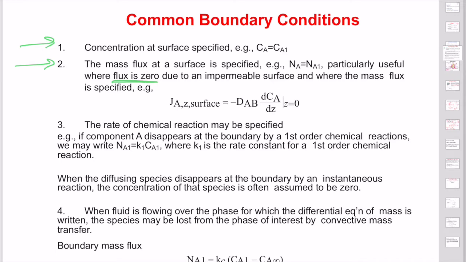And everything's symmetrical, so the gradient will be 0, which is the same thing as saying that the flux is 0. Or maybe you have an impermeable surface, so nothing could be diffusing into it. And once again, the flux is zero, so the gradient is zero.